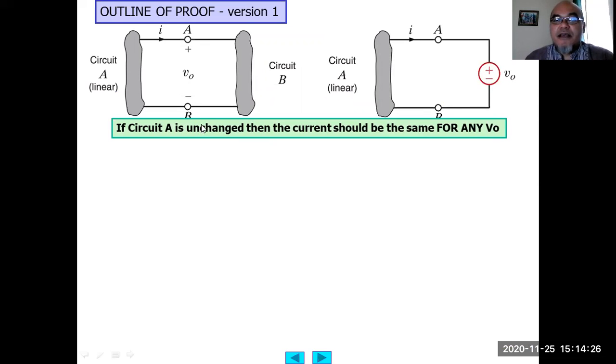So if circuit A is unchanged, then the current I should be the same for any output voltage here at the terminals A and B.